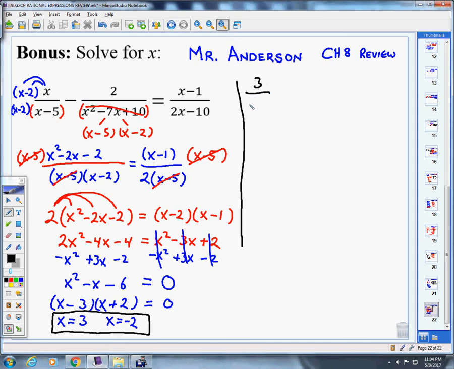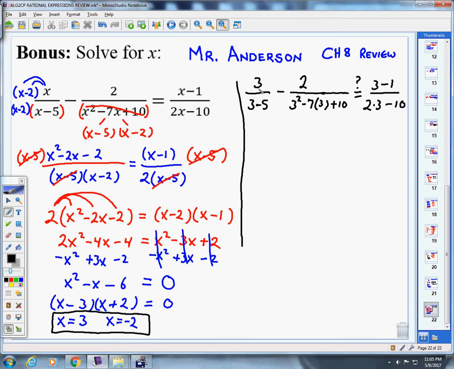So 3 over 3 minus 5. And very easy to make a careless error here, so you want to be nice and careful. Over 2 times, or 2 over 3 squared minus 7 times 3 plus 10. All right, and I'm checking, does this equal 3 minus 1 over 2 times 3 minus 10?